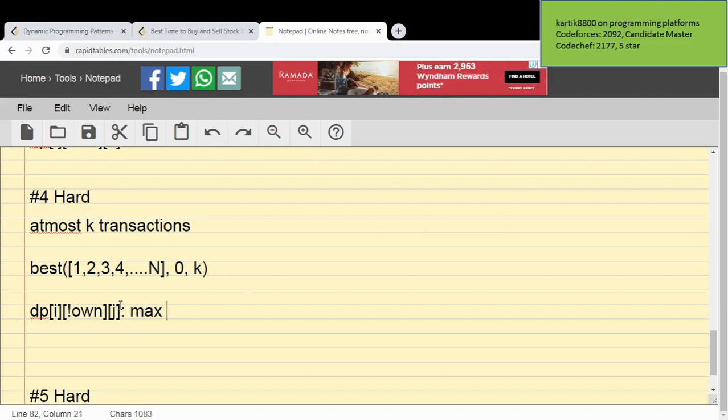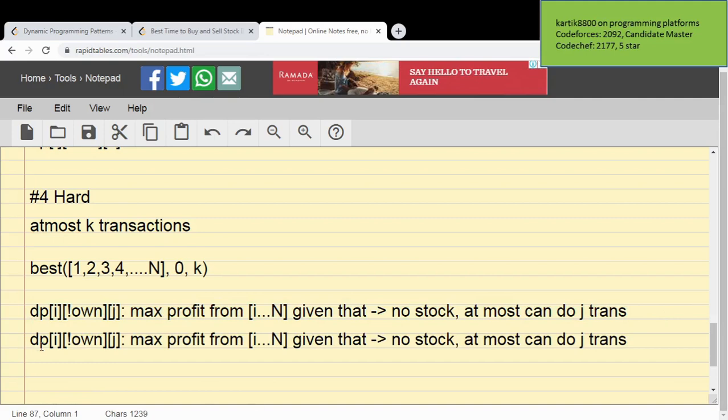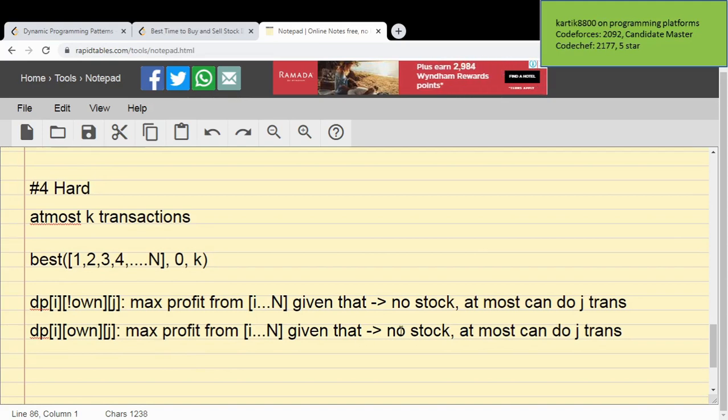So max profit from day i till day n that I can make, given that at the ith day no stock is owned by me, and at most I can do j transactions, right? So I can define my DP[i][not own][j] as this, and another thing that I can define is DP[i][own][j], and that would be the maximum profit I can get from day i till day n, given that I do own a stock and I can do at most j transactions.